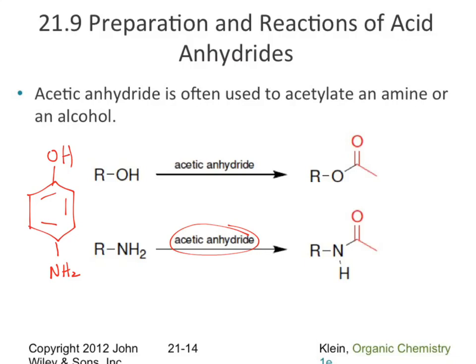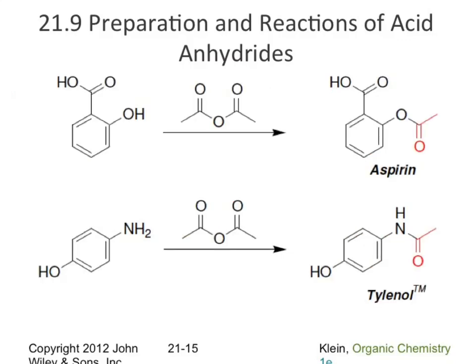So both nitrogen and oxygen can act as nucleophiles. Like I said, we've got those as possibilities. In one case, we end up with the amide functional group. In the other case, we end up with the ester. I included these just because we made Tylenol. Okay? So we saw that reaction and saw that the acetic anhydride went to the nitrogen position.